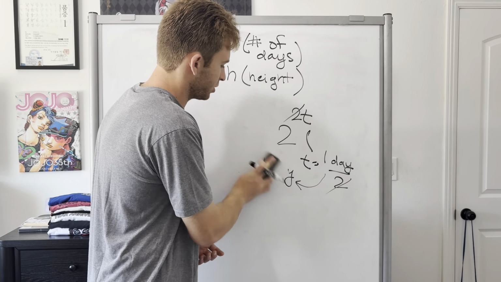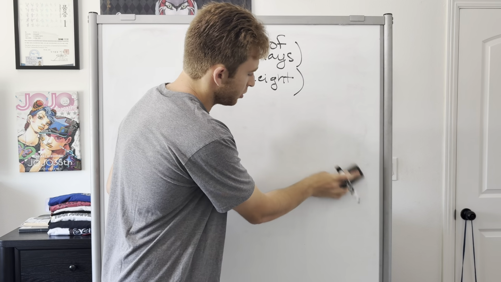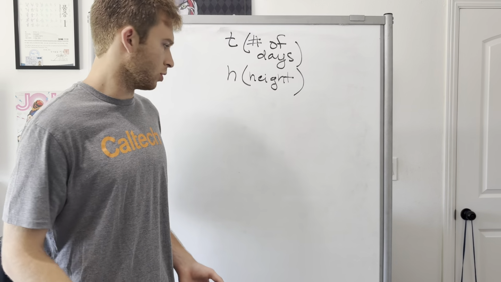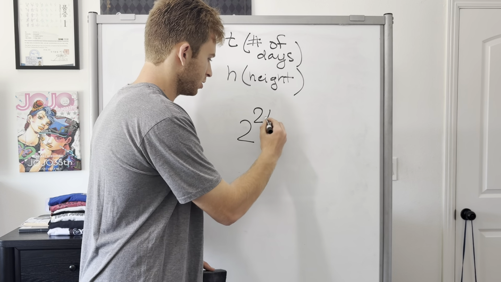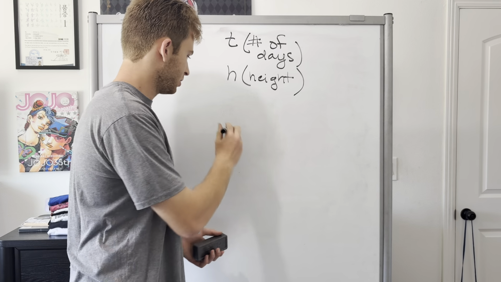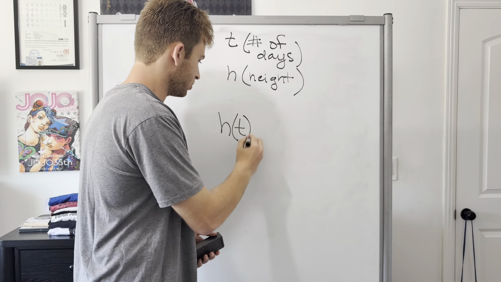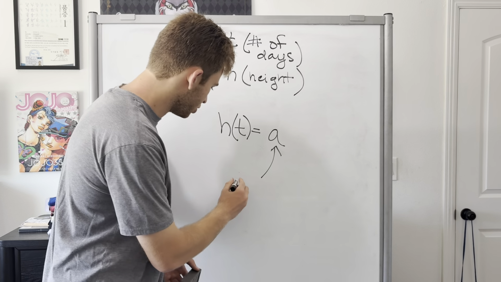So that's what you would call a transformation, is you can put some value into your exponent. So in this case, we have 2 to the 2t. And more generally, this would be written as h of t equals a. This number a is what you multiply by each time.